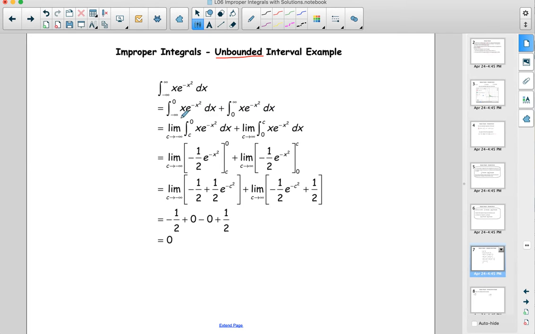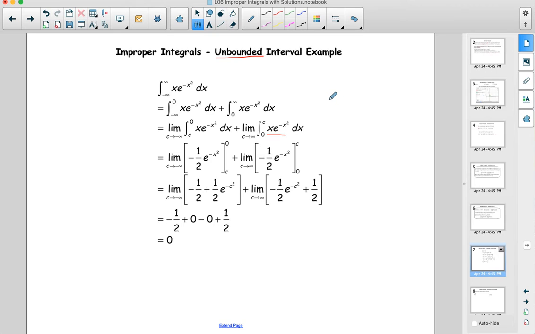And using the technique we just learned, I'm going to replace the infinity with the variable c. So I'm going to integrate from c to 0, and then I'll evaluate the limit as c goes to negative infinity.